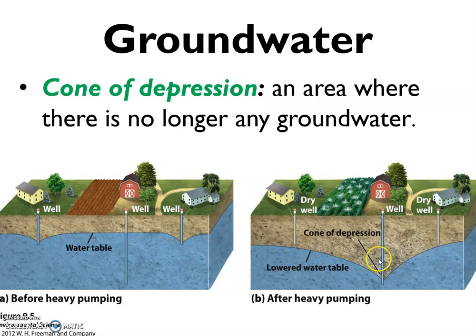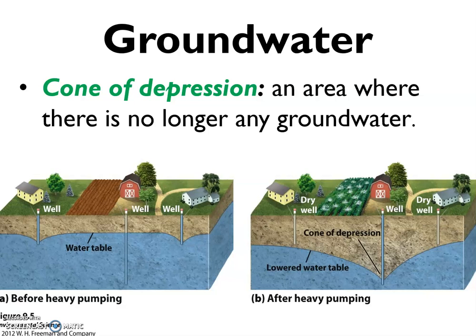And you can't just stop pumping and let the water refill. Once you have a well that's gone dry, it's essentially ruined and you need to have a new one. So this is not a good situation, and this is a situation where our towns and cities monitor the amount of water withdrawn, especially during periods of low precipitation, so that we can make sure that this kind of thing doesn't happen.